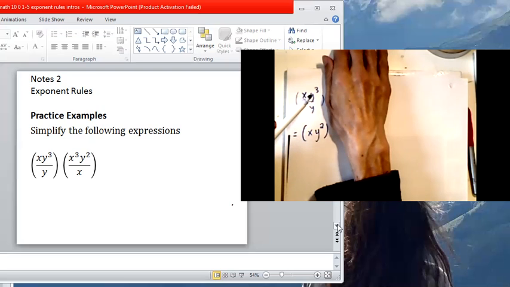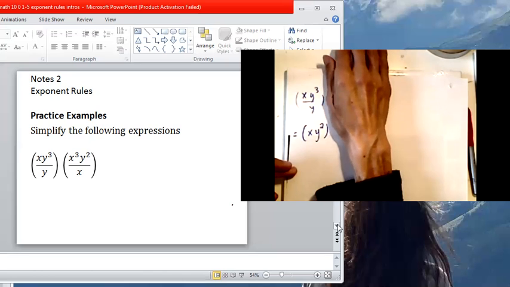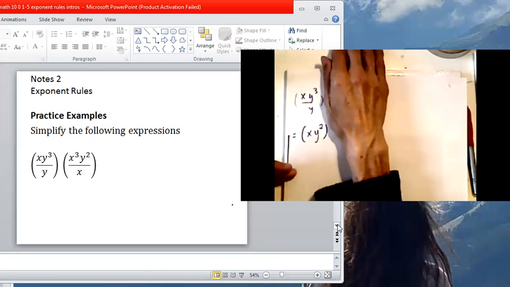So we have 3 minus 1, which is invisible. 3 minus 1 gives 2. There's an invisible 1 with this y right here, we can't see it. Exactly. Minus because we're dividing.